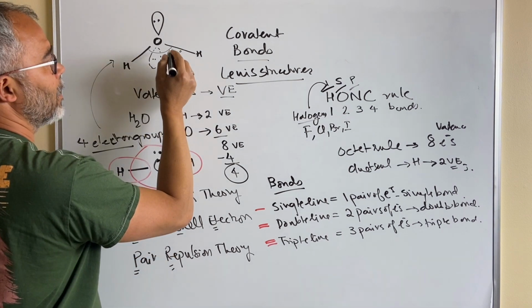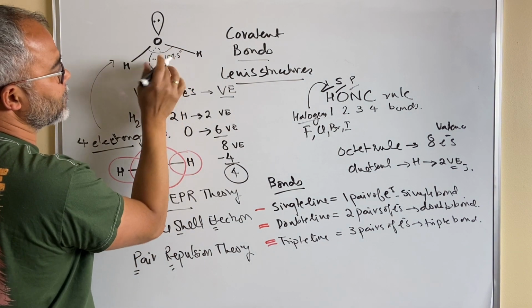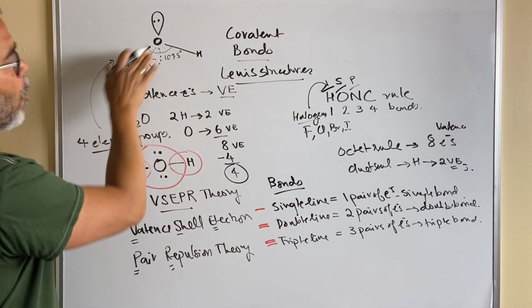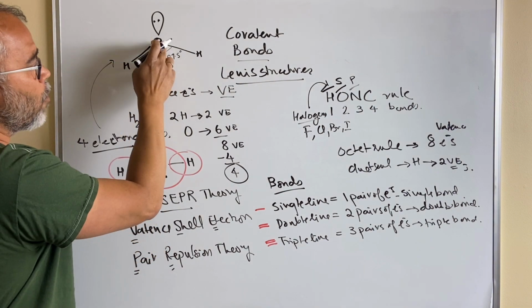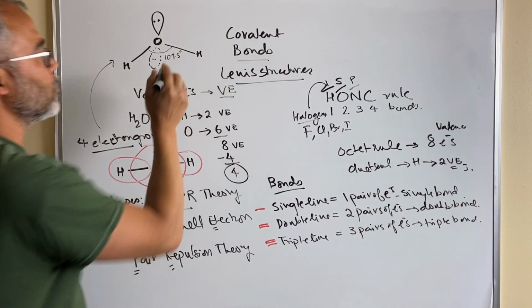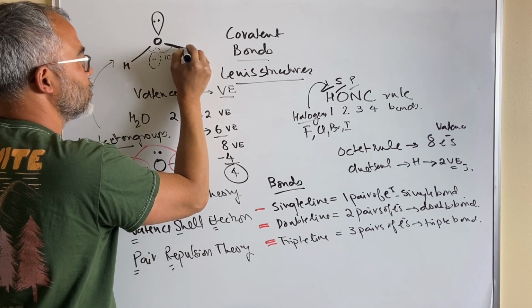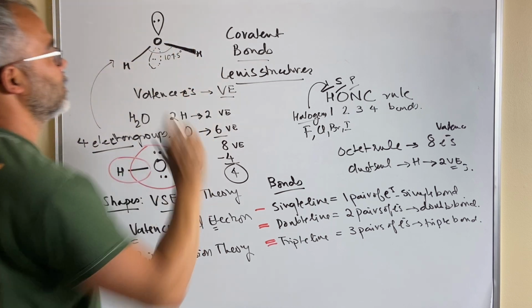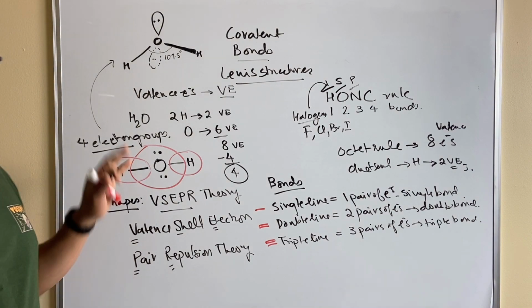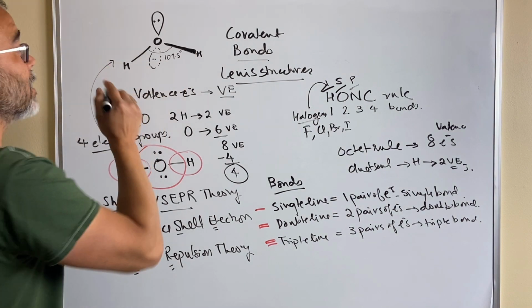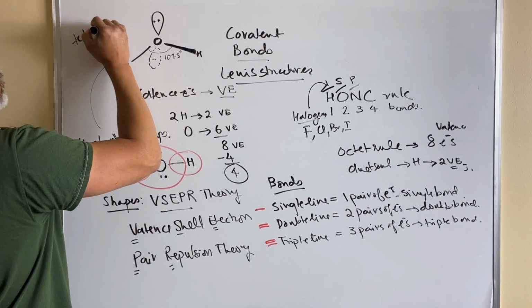And of the 2 hydrogens, one is in the plane of the board and one is actually coming out towards you. So I'm going to make this a little dark because it's closer to you. So that's kind of how it's going to look. It's going to be 3 dimensions. This shape is called a tetrahedral shape.